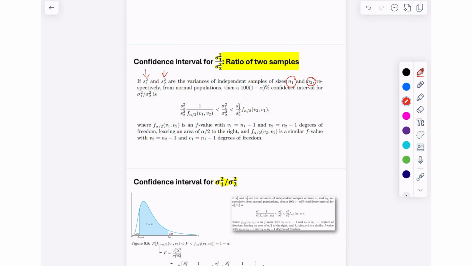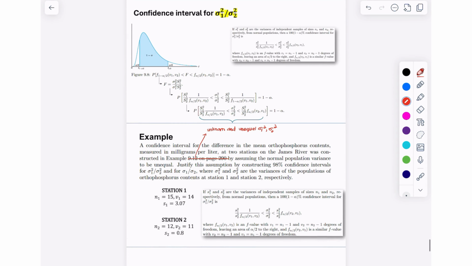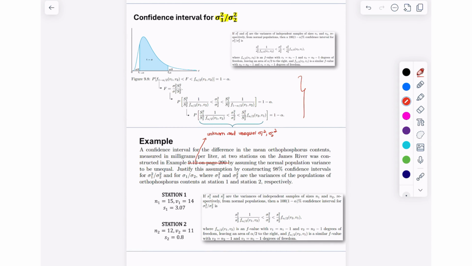So the confidence interval is given by this formula. You need to know S1 and S2 to construct it. For the degrees of freedom, V1 equals N1 minus 1 and V2 equals N2 minus 1. For this derivation, you can just take a look for your own information.